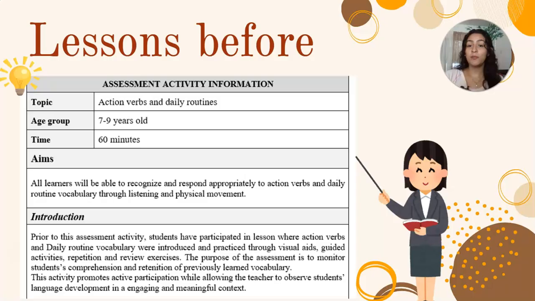So, the topic is action verbs and daily routines for children 7 to 9 years old. And the time of this session is 60 minutes. The main learning objective is for students to recognize and respond correctly to action verbs and daily routine vocabulary through listening and physical movement.